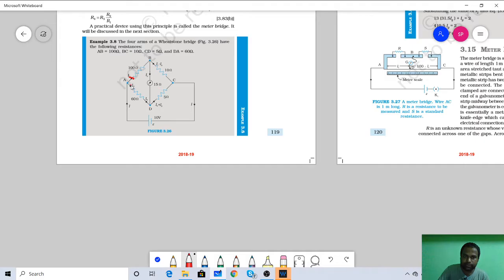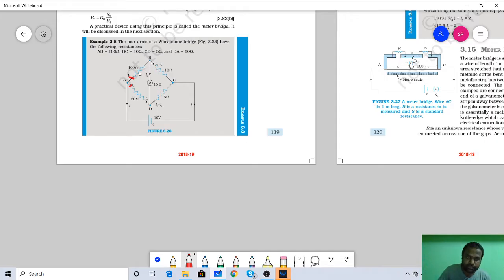The main current I will be divided into two parts, I1 and I2. Now at B again there will be current division. You know from Kirchhoff's law that the sum of input current must be equal to the sum of output current.